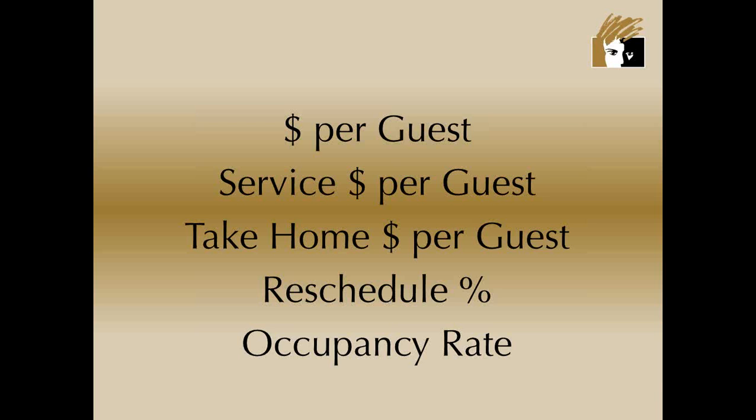If we're only getting the price of the haircut and we don't sell any take-home, I mean, that dollar per guest, when we've got a menu of opportunity, should show that we're committed and we celebrate color, we celebrate style, we celebrate take-home, we celebrate our guests returning, we celebrate the fact that we want a repeat customer. That dollar per guest tells you that overall and per individual and even per division.